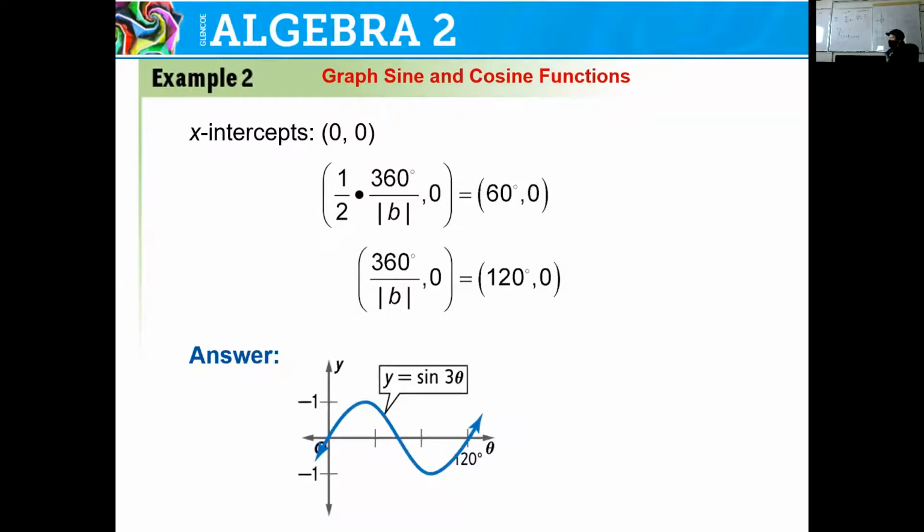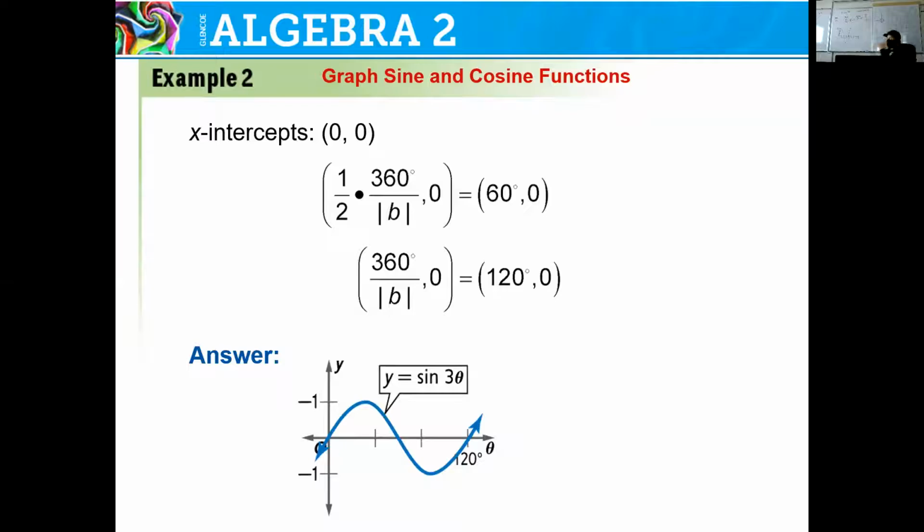So you can see our first maximum is at 30 degrees. Our first intercept, or midline, is at 60 degrees. Then we go to its minimum at 90, and then back to the midline at 120. I say midline rather than x-axis because in the next section, these bump up and down.